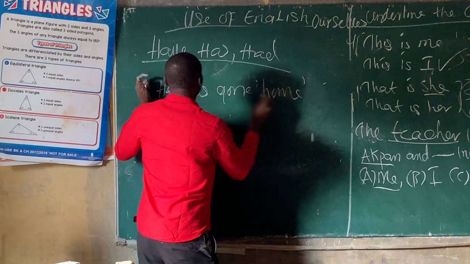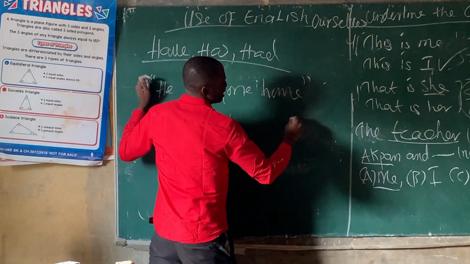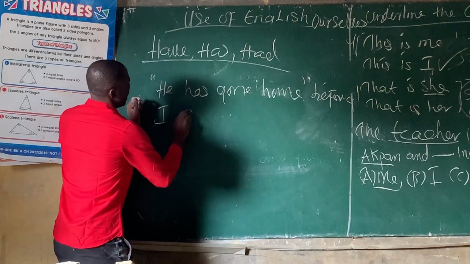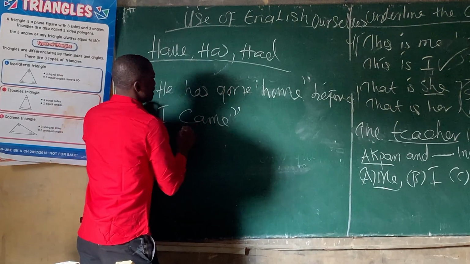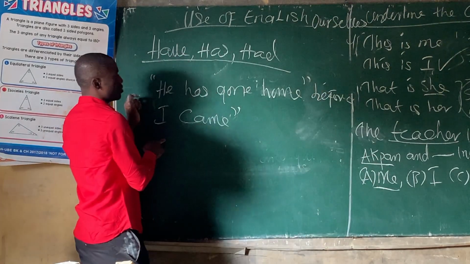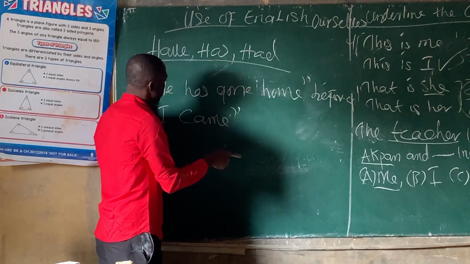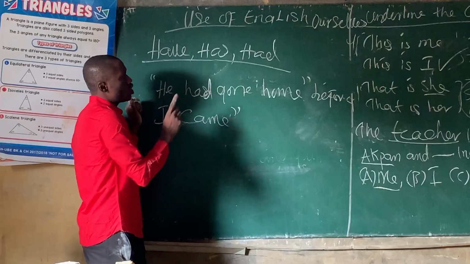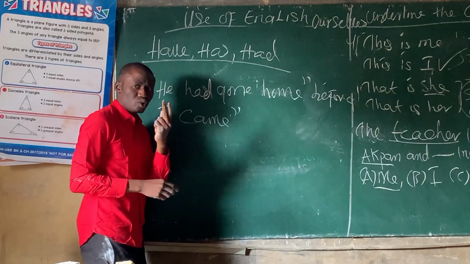But when you have "he has gone home before I came," now you have two clauses: "before I came" and "he had gone home." He had, not has. He had gone home before I came. This is two clauses.